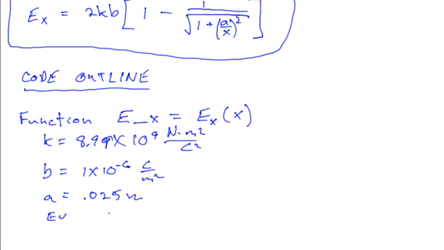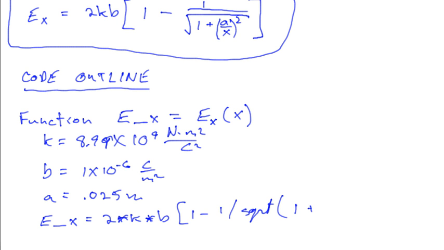I think I'll write it out because I want to set e underscore x. My function name is ex, and e underscore x is my return variable name. So I'll go 2 times k times b times 1 minus 1 divided by the square root of 1 plus a over x squared.